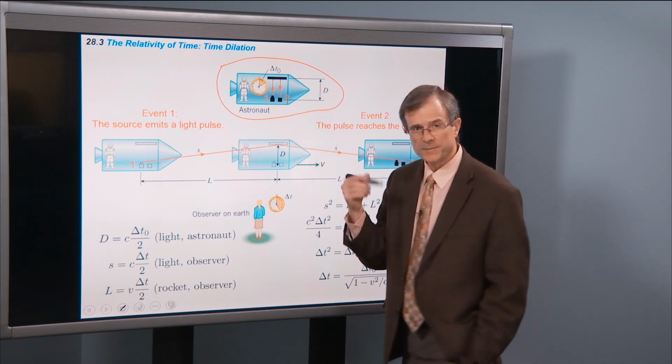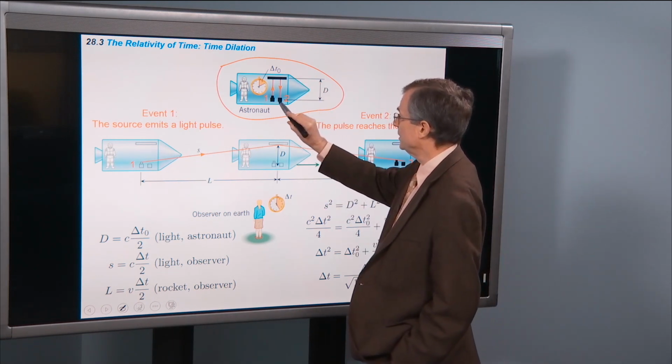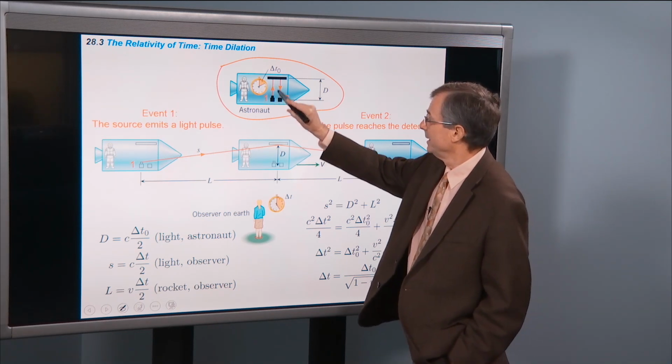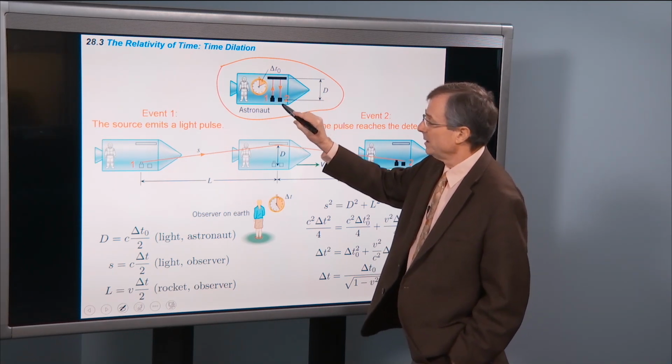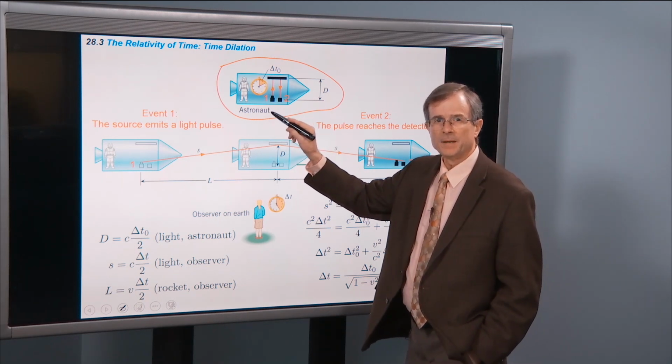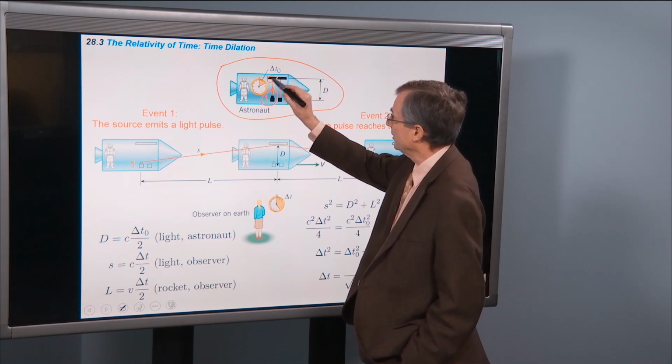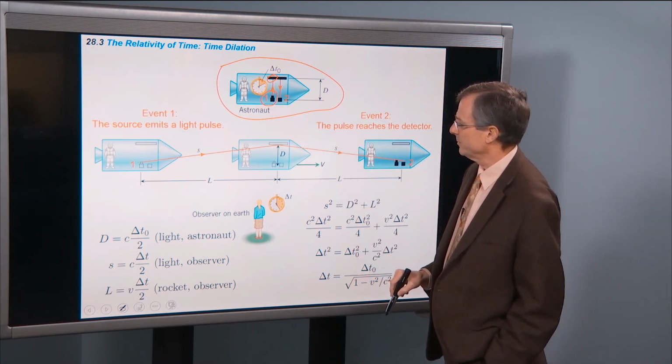The time delta T naught is the time between ticks. So it's the time between the light being emitted by the laser pointer, hitting the mirror, and coming back down. But let me just focus on half of that time, the time it takes for the light to go from here to here. So that's delta T naught over 2.